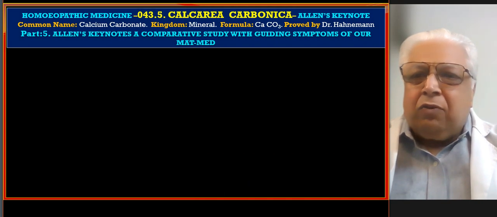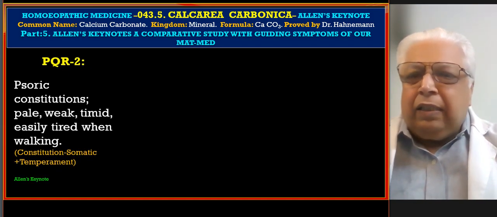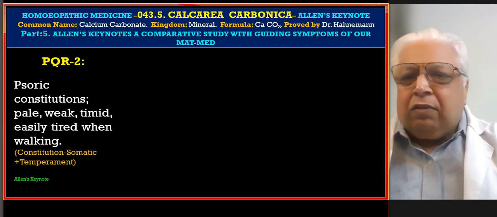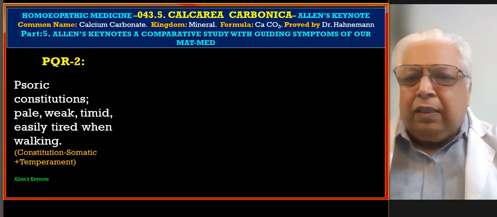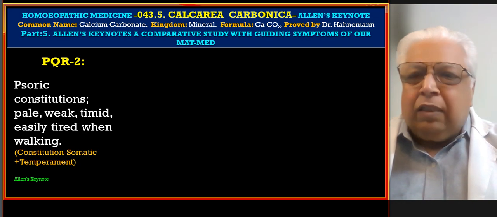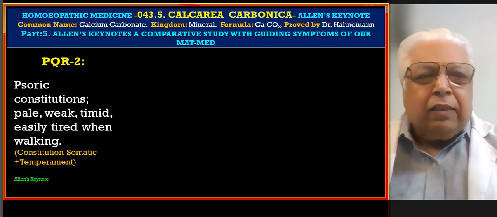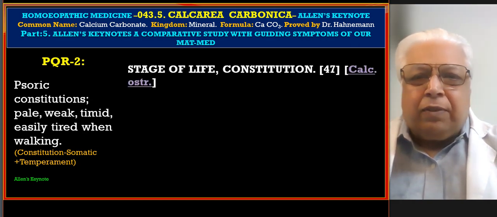Now friends, let us go to the second PQR. Here we find psoric constitutions, pale, weak, timid, easily tired when walking. This is a somatic component and a temperamental component, where the temperament is timid. The rest tells us about the psoric markers of physical attributes.